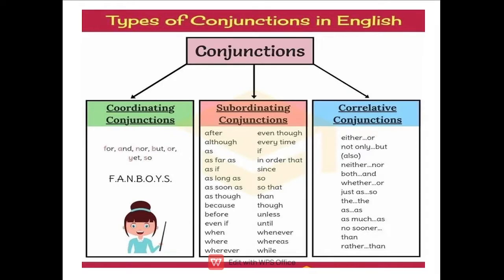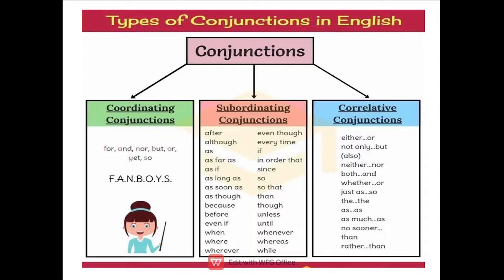Now, the types of conjunctions we have are coordinating, which we generally learn as FANBOYS: for, and, nor, but, or, yet, so. Then there are subordinating conjunctions, words like after, although, as far as, as long as, as soon as, though, because, before, even if, when, where, wherever, even though, every time, if, in order that, since, so that, then, though, unless, until, whenever, whereas, while.